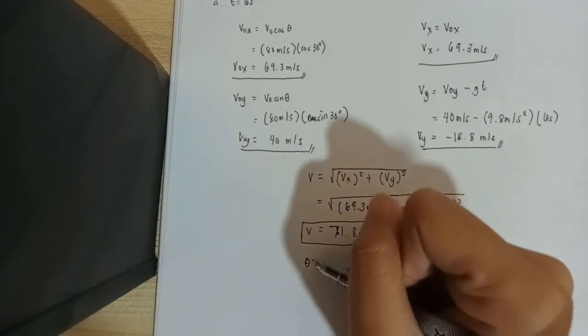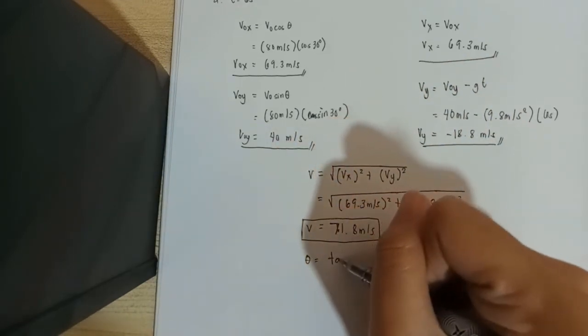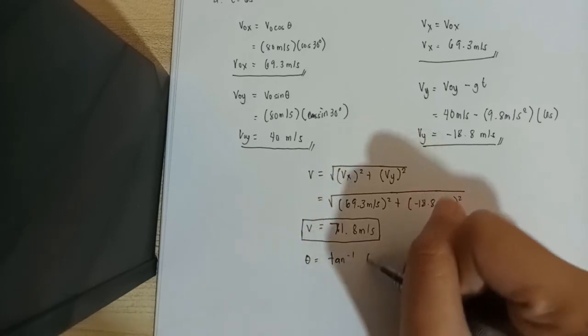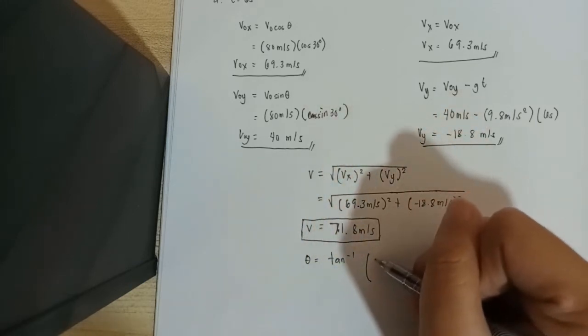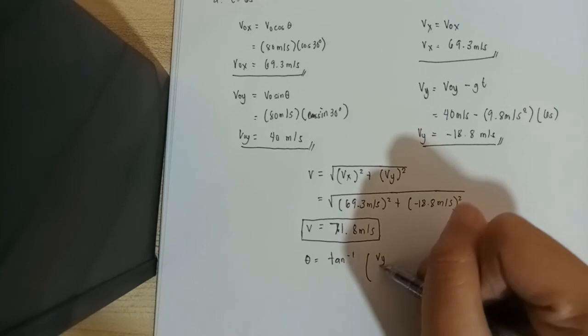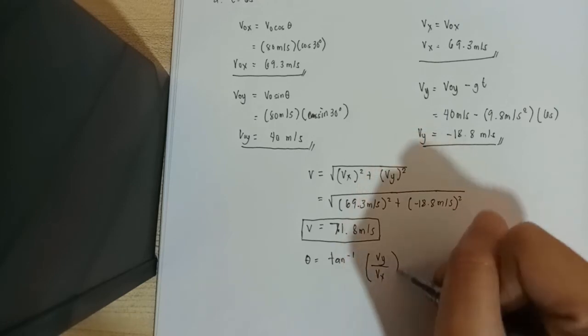So to find the position, we will use theta is equal to arctan Vy over Vx.